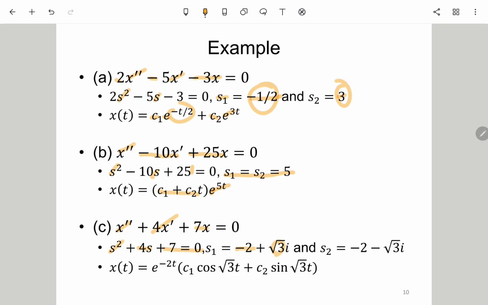So one root is negative 2 plus square root of 3 i, and the second one will be negative 2 minus square root of 3 i. In that case, the real part is negative 2, so we have e^(-2t), and the imaginary part is square root of 3. So C1 cosine of square root of 3 t, and then C2 sine of square root of 3 t.